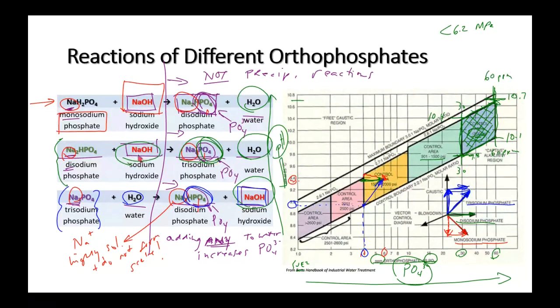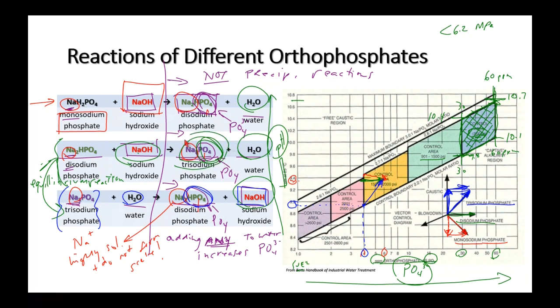But you're going to say, oh, it consumes hydroxide, so it should actually lower the pH. But this is the tricky part. This is an equilibrium reaction. So it reaches a point of equilibrium.